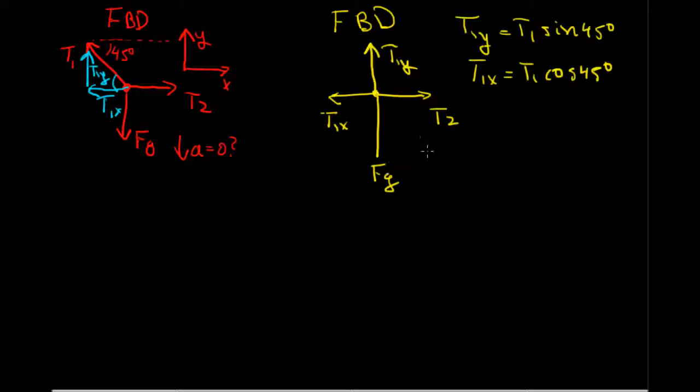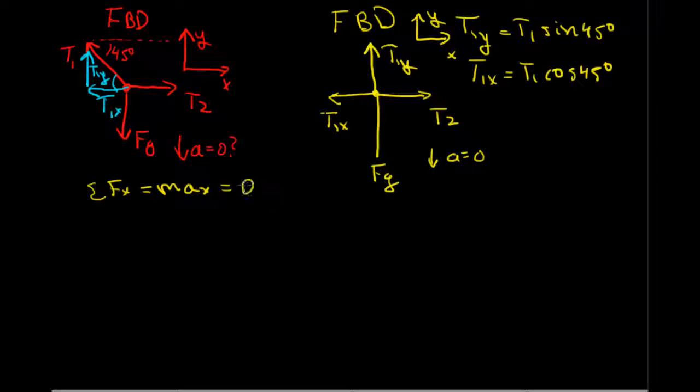My coordinate system here looks like the one I have over there to the left. I have an X and a Y, because my acceleration, even though it's 0, I gave it a direction of downward. Now I've got a clean free body diagram with all my forces pointing along coordinate axes, and I can say, look, the sum of the forces in the x direction equals ma sub x.